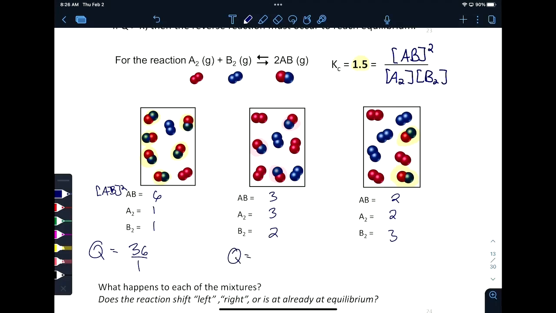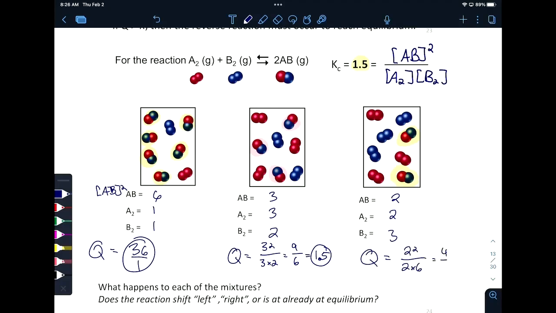Q for the second picture is 3 squared, so 9 over 3 times 2, so 9 over 6, so 1.5. And then the last picture, Q is equal to 2 squared over 2 times 6, so that's 4 over 6, which is equal to 2/3, so 0.66. Okay, great.